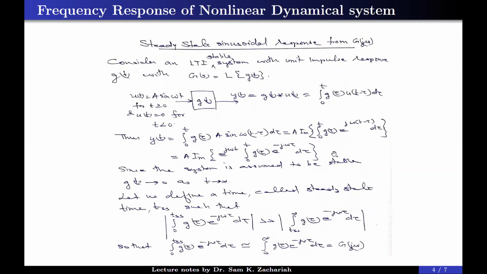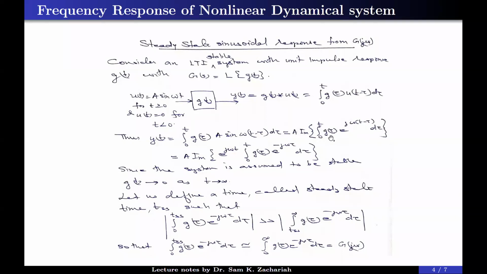So the imaginary part of e raised to j theta is nothing but sin theta. So I want to give an analytically better expression for sin omega(t minus tau). That is nothing but the imaginary part of e raised to j omega(t minus tau).